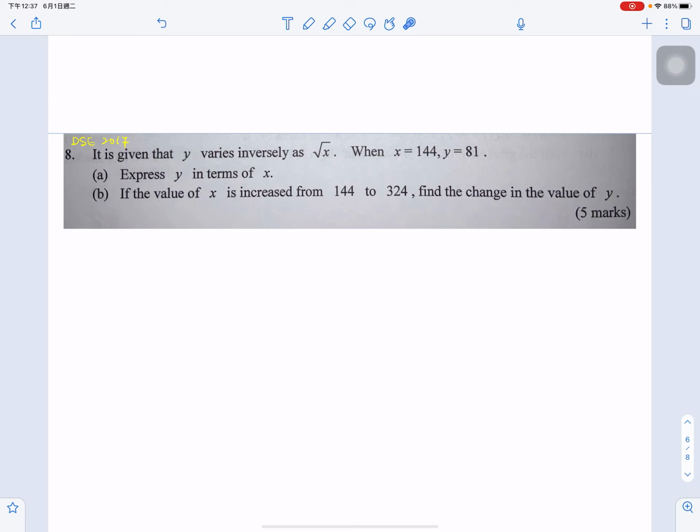And one set of data, x equals 144 and y equals 81. Express y in terms of x, part A. So I let y varies inversely 啦，咁所以 y equals k over square root x, okay? Where k is a non-zero constant, okay?